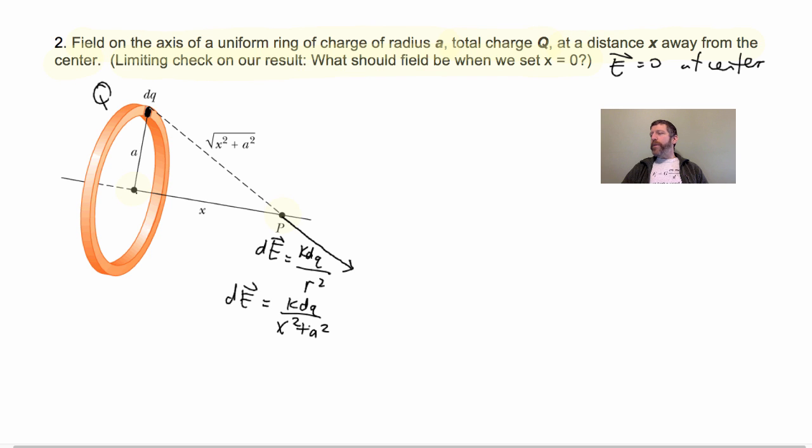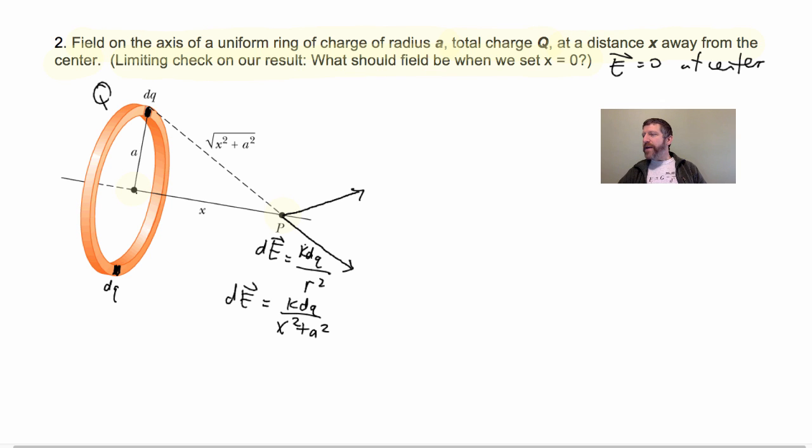Well, that would be pretty easy, except notice that every single one of these dq's, for example the one that's directly opposite it, this dq down here, will produce a field up this way.